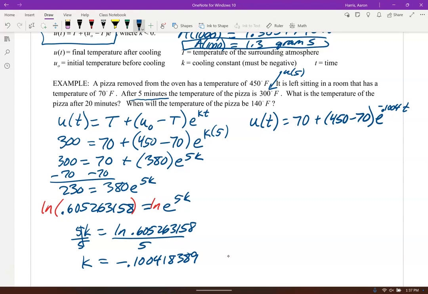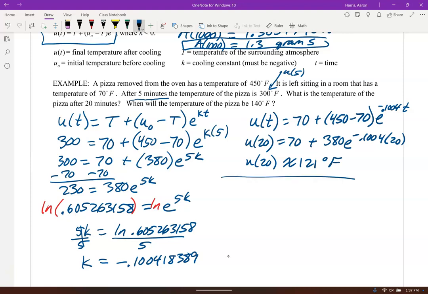So just plug in 20. Well, plug it in. This will end up being approximately 121 degrees Fahrenheit.